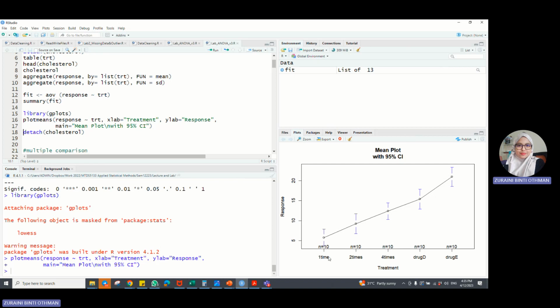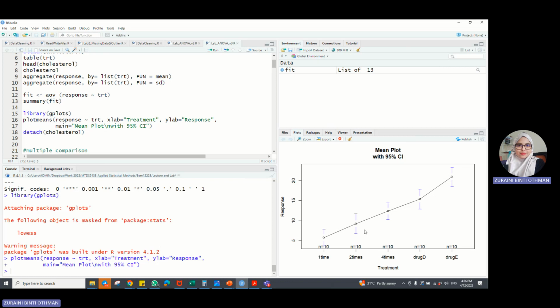This is the n, which is 10. A plot of treatment means with 95% confidence limits is provided in figure 9.1.